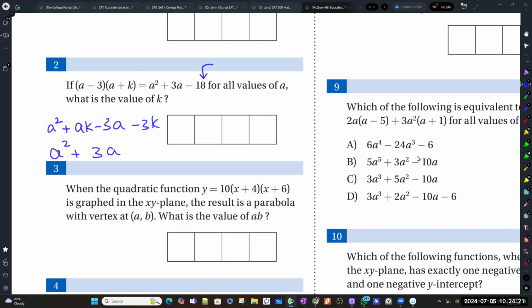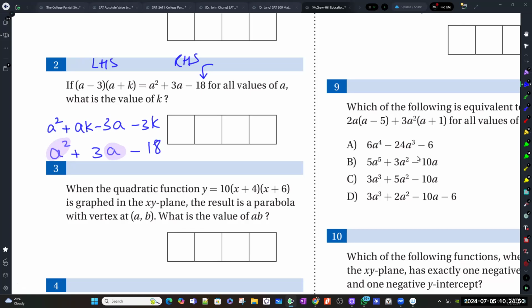What we traditionally do is we say that we compare coefficients. Now, what's a coefficient? A coefficient is the number that is with the variable. The variable here is a. So the number with a square is 1 for the left-hand side, and it's the same number for the right-hand side.